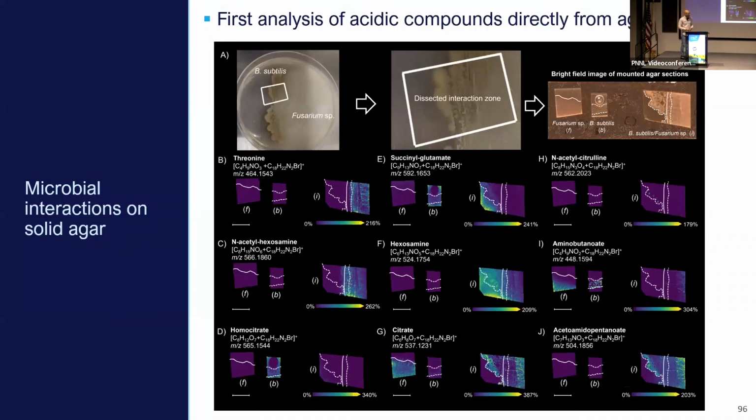Remember that this derivatization agent has that permanent nitrogen there, and then we can actually analyze more than 400 molecules that we can visualize here.